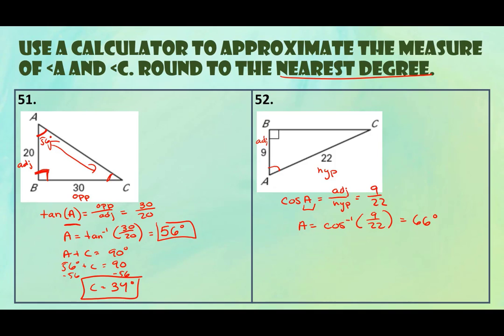Again, I could use trigonometry to find C, or I could just know that A and C have to equal 90 degrees, and A is 66 degrees. So that means that C has to be 24 degrees. Okay, so we have now found all of the angles, and we could solve the whole triangle by finding these two sides as well.